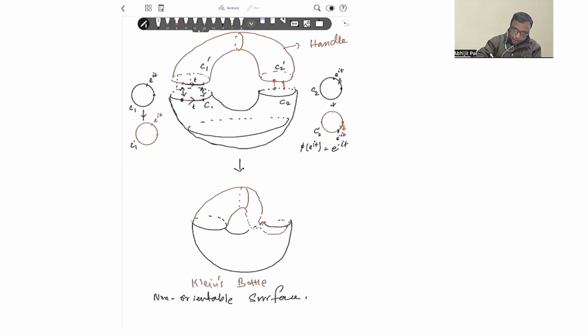Now note that if I take a point in C2 prime, this point is identified to the other side of C2. Because of this, the map phi is an orientation reversing map.